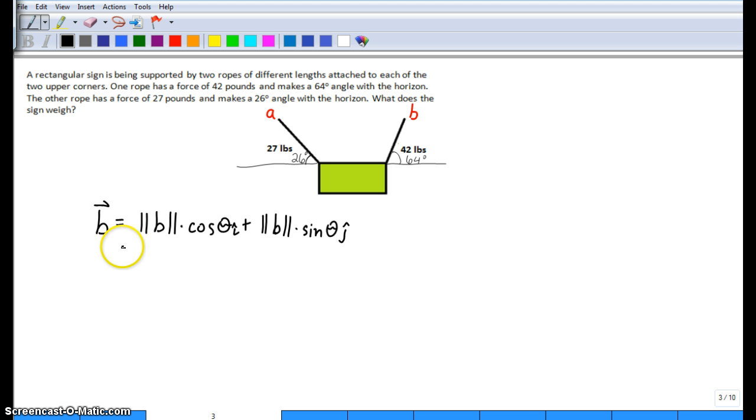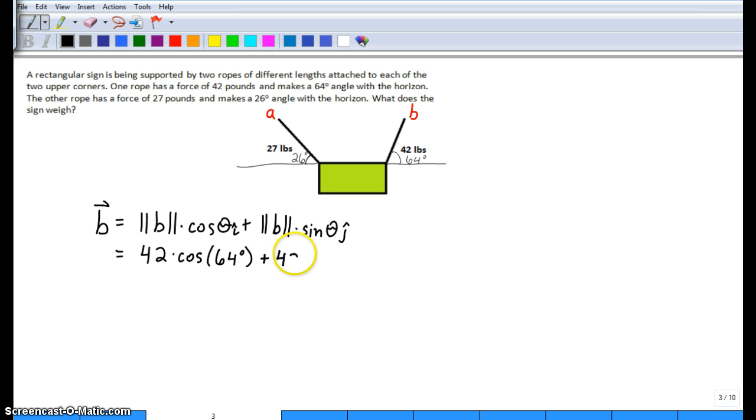In this case, our magnitude is the amount of force, or 42 pounds, and cosine theta. Now theta, remember with vectors, is always from the positive x-axis up to our vector. In this case, that's exactly our 64 degrees.